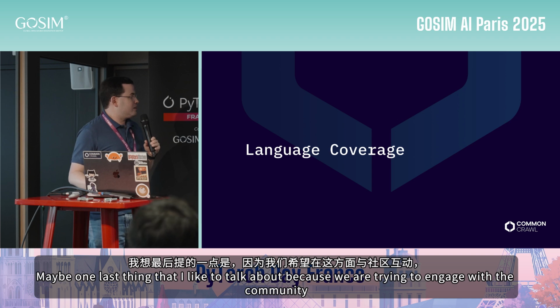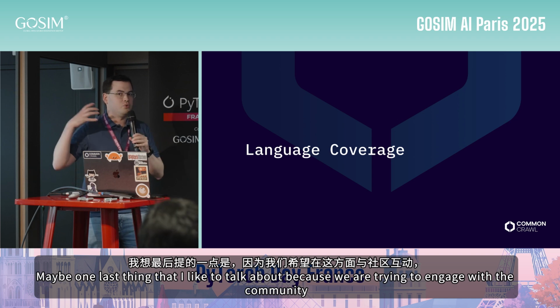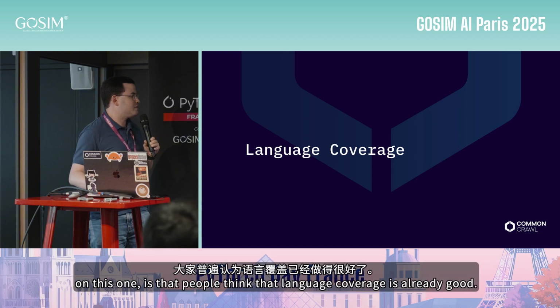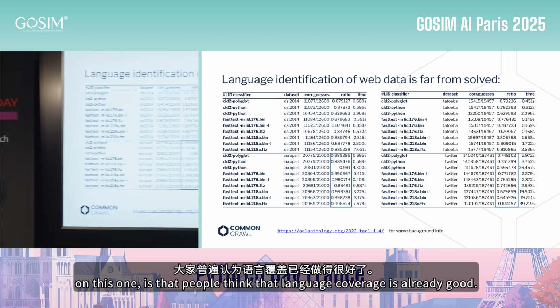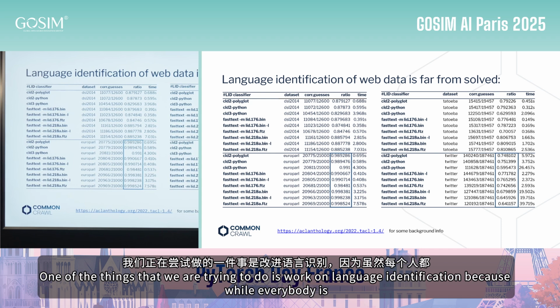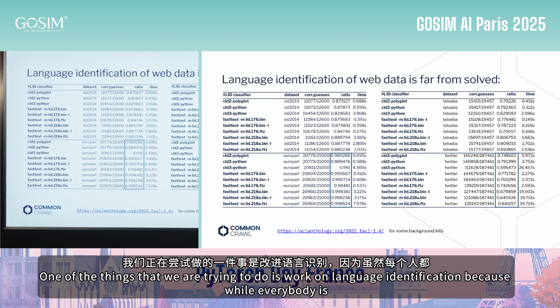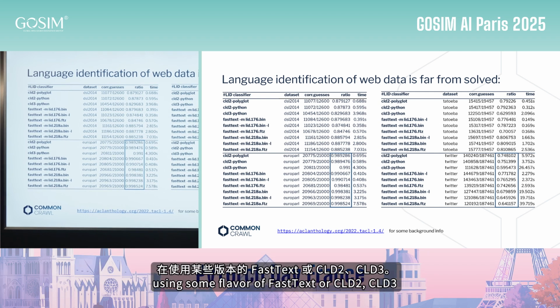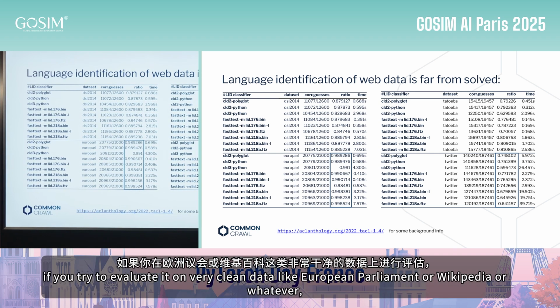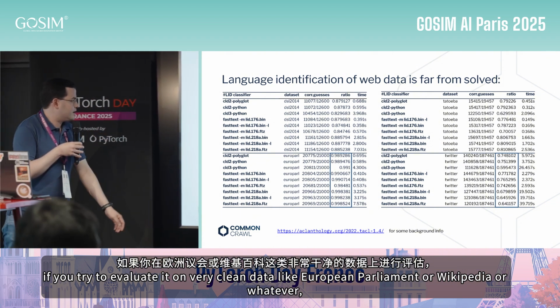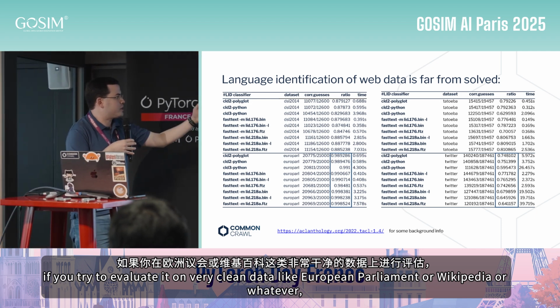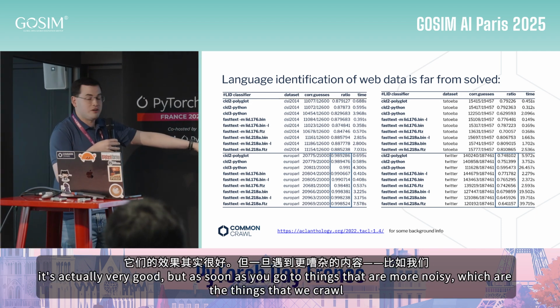Maybe one last thing that I like to talk about, because we are trying to engage with the community on this one, is that people think that language coverage is already good. One of the things that we are trying to do is work on language identification, because everybody's using some flavor of fastText or CLD2, CLD3, and if you evaluate it on very clean data like European Parliament or Wikipedia, it's actually very good.